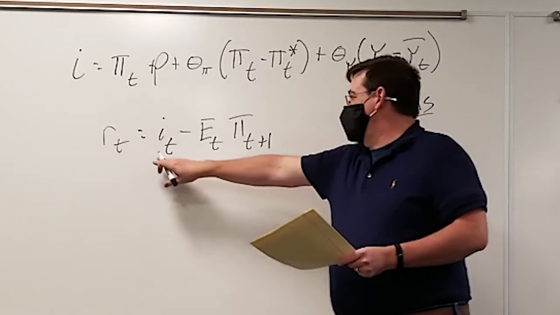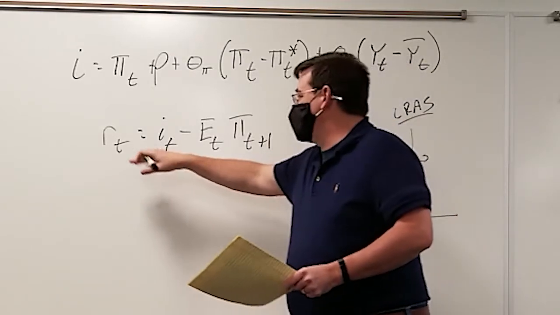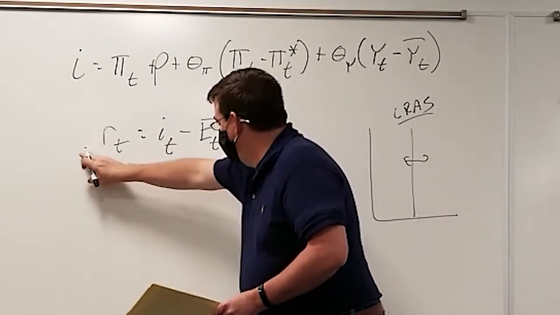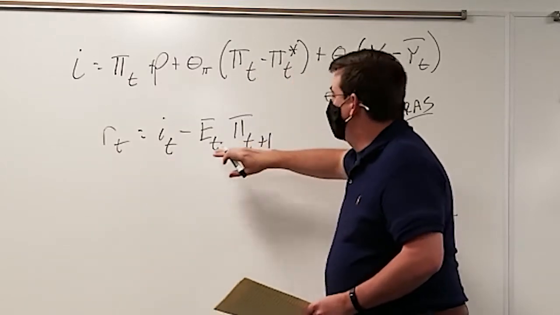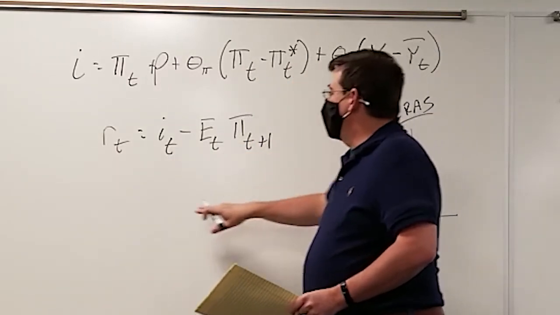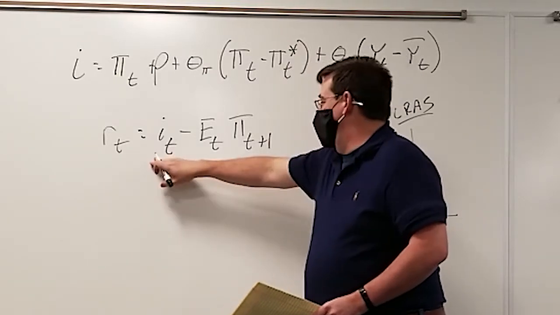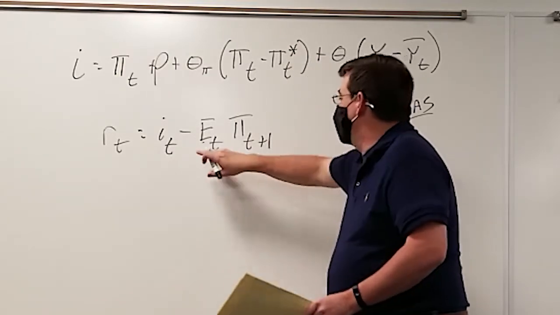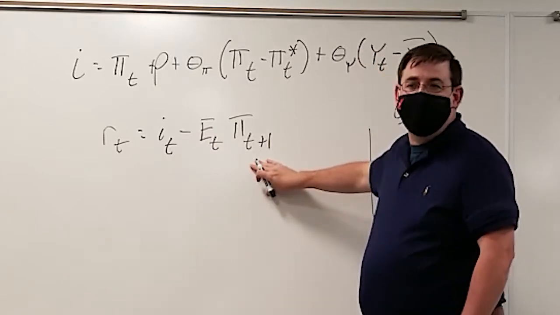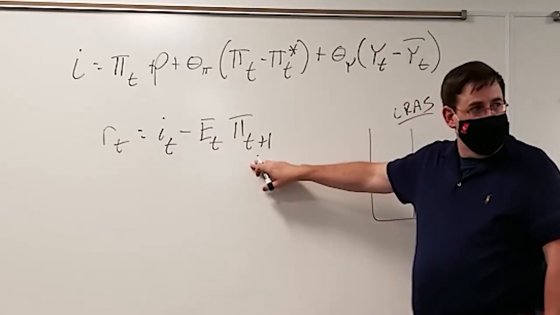So the nominal interest rate is similarly the sum of the real interest rate plus inflation, but today the real interest rate is determined by what can be observed by the nominal interest rate, and then our expectations about what inflation is going to be over the course of the next year.